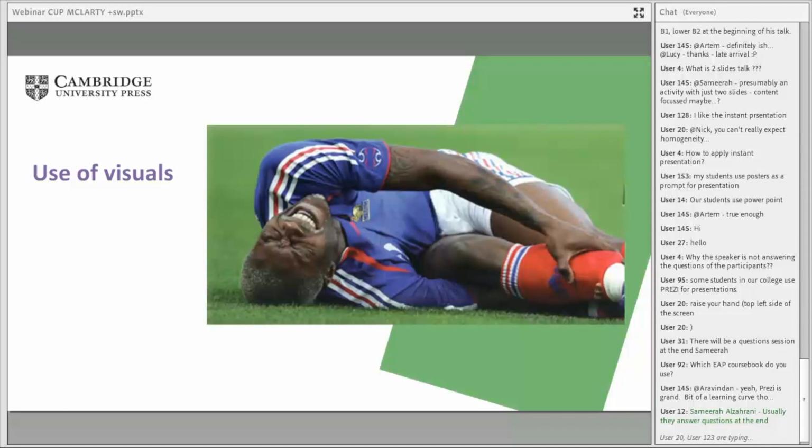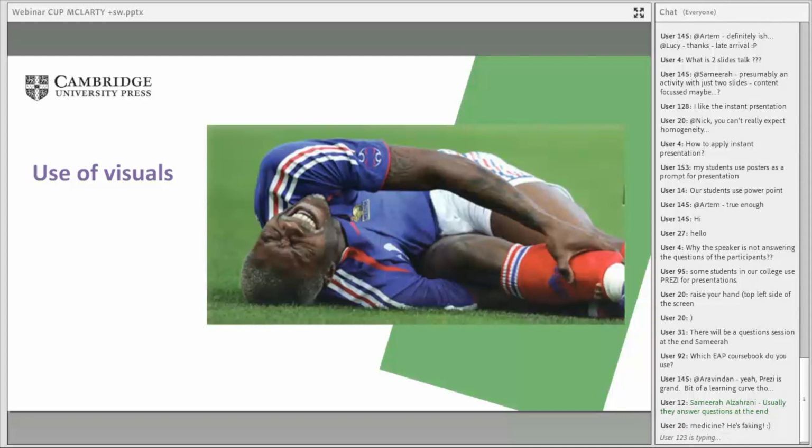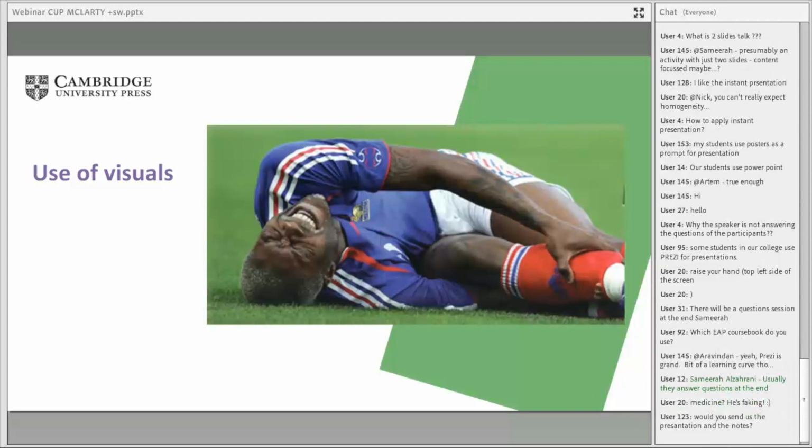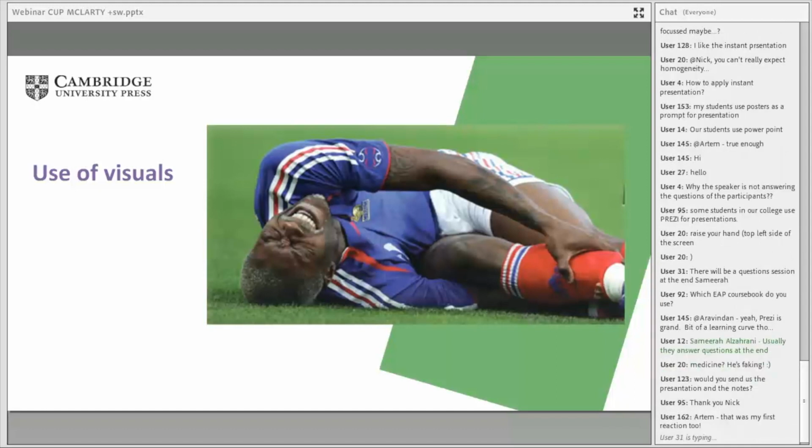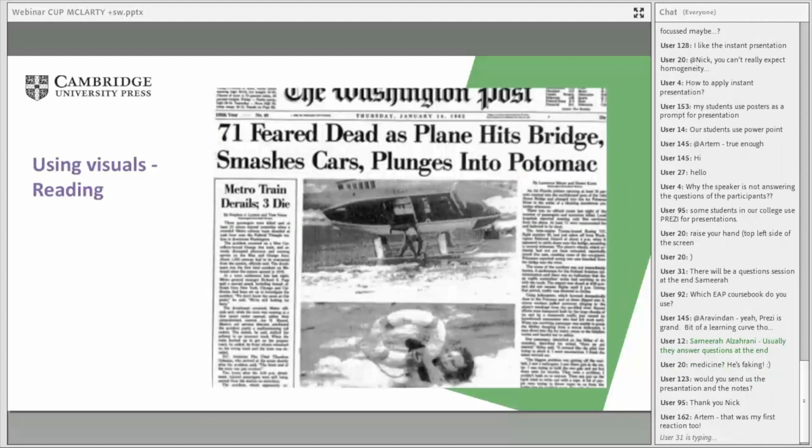And we can use an image like this to build up vocabulary, brainstorm ideas, brainstorm ways of describing pain, discussions about pain thresholds, about surgery, about medicine, etc. So using the visuals just to generate language through the students' own ideas and their knowledge of the world that they bring to it is a useful strategy.